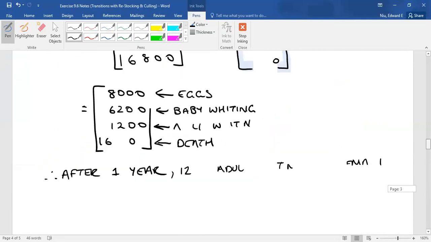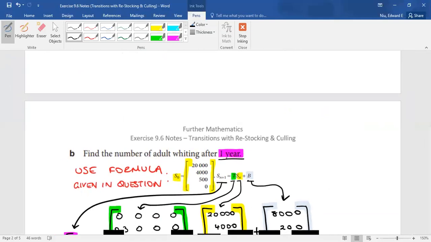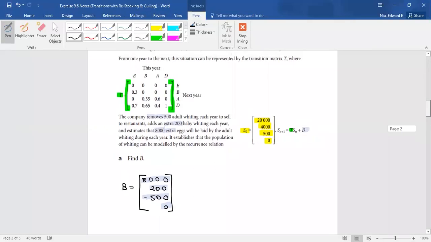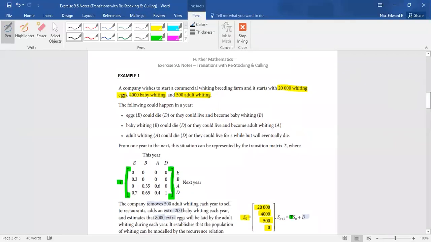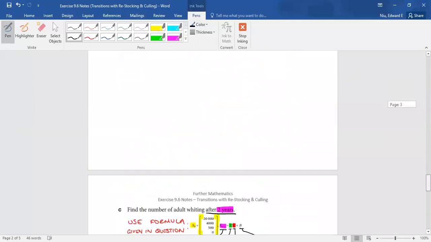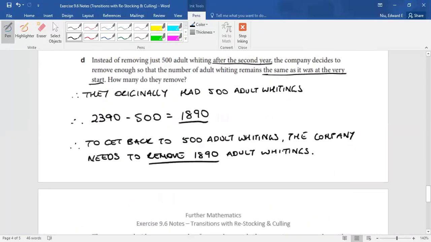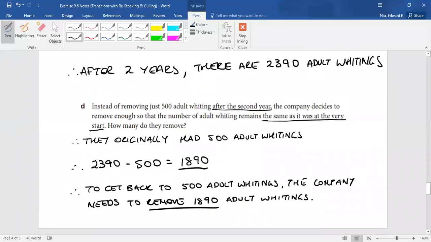If we go back to the origins of this question, okay, what they started with was 500 adult whitings. So the company is saying, well, after the second year, I want to sell off all the whitings up to the point where I have 500 left, because that's what we started with. And to get back to 500, we need to take away what we have in storage at the moment.